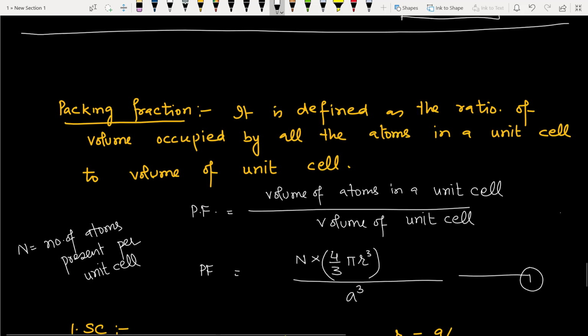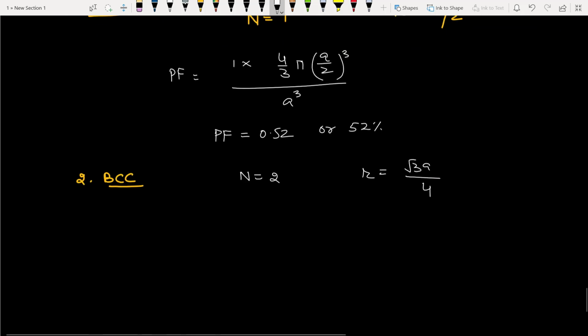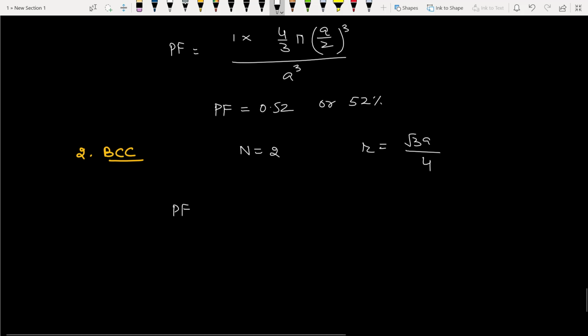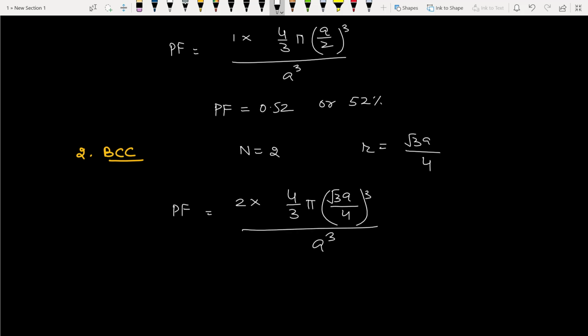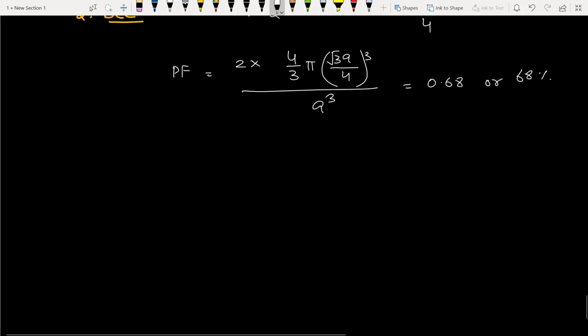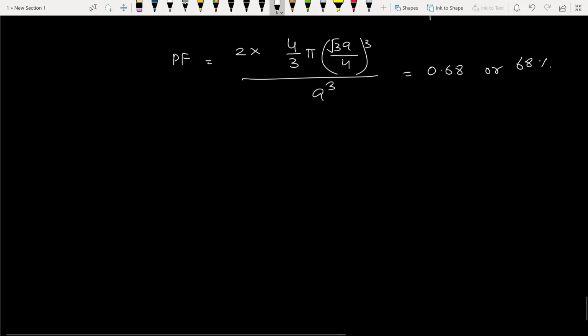If we substitute these values in the packing fraction formula, it will be 2 into 4 by 3 pi (root 3 a by 4) cube divided by a cube. If we solve this, we will get the value 0.68 or 68%. So the BCC arrangement is a more compact arrangement. Here atoms occupy 68% of the available volume.